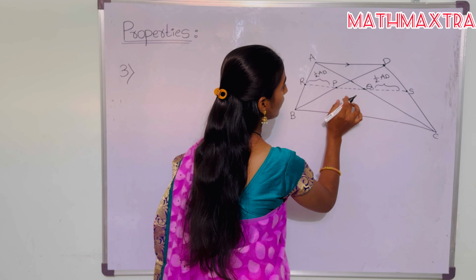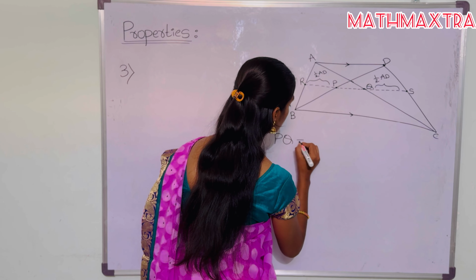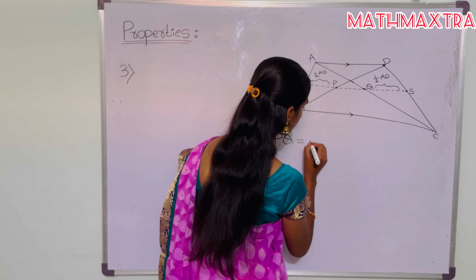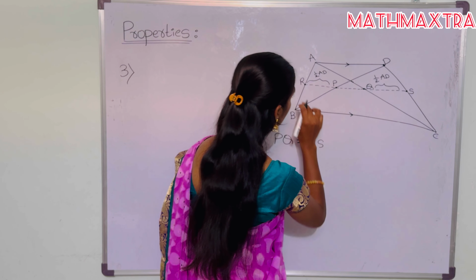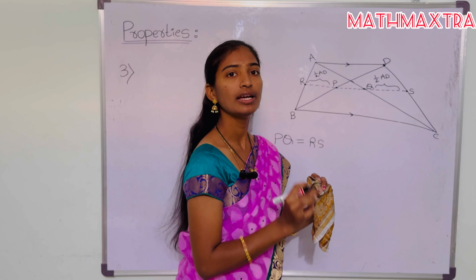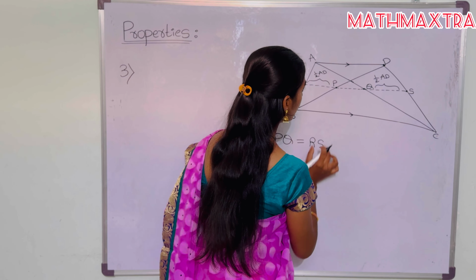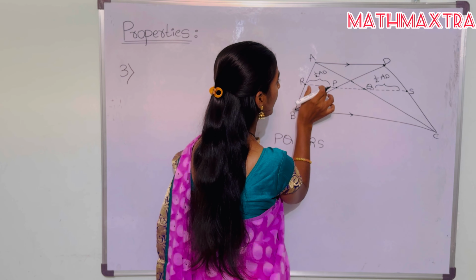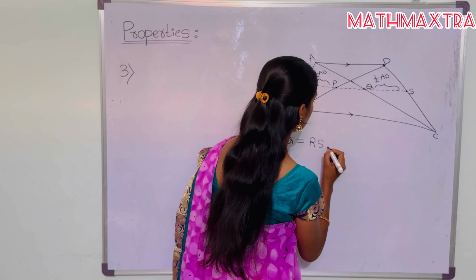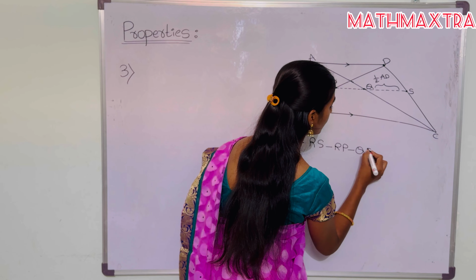So now I want PQ, right? This PQ is equal to the total RS length. This is a midpoint, this is a midpoint, so this RS is nothing but the length of the median, right? From the total RS, we are subtracting this part and this part, which is nothing but minus RP and minus QS.